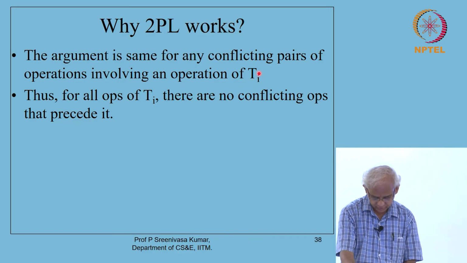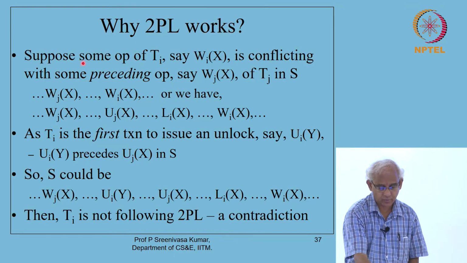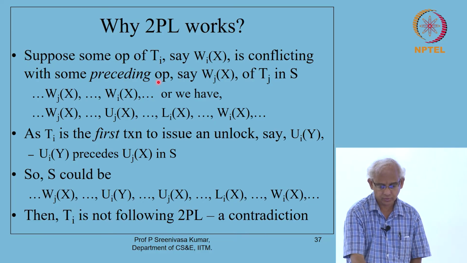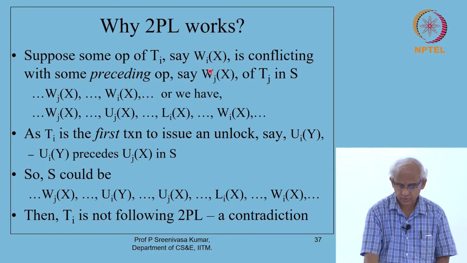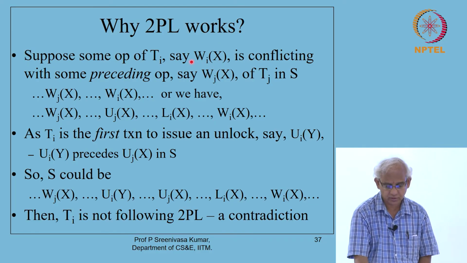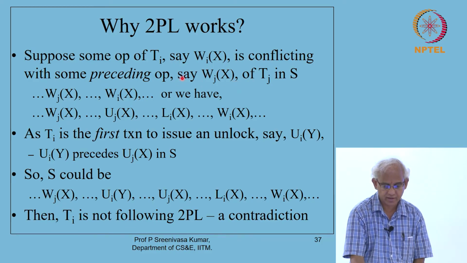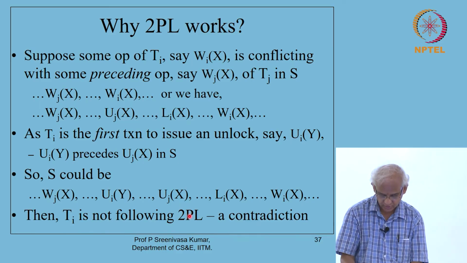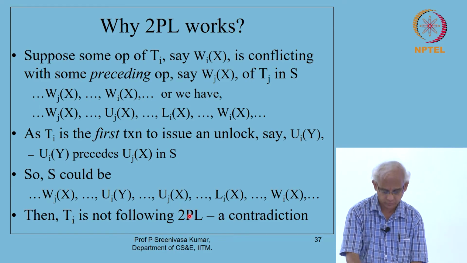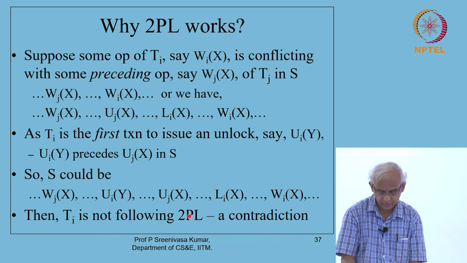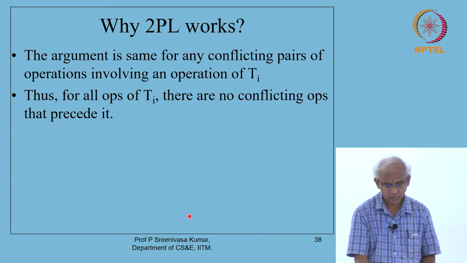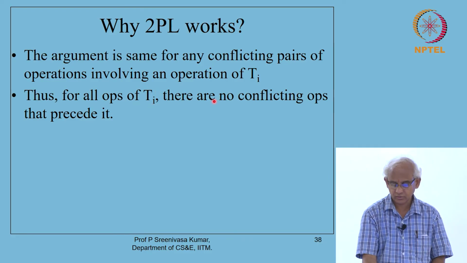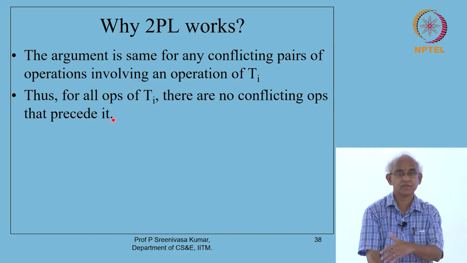So if you make such an assumption, that some operation that conflicts with the operation of Ti exists before it, precedes it, we are led to a contradiction. So we conclude that there is no such operation. For all these operations of Ti, there are no conflicting operations that precede it.